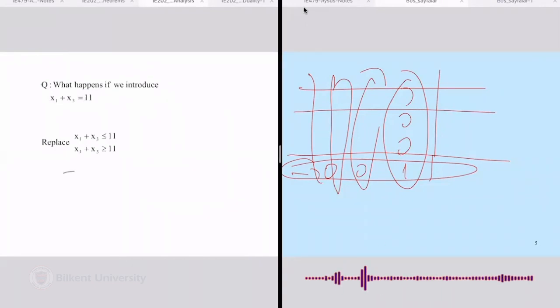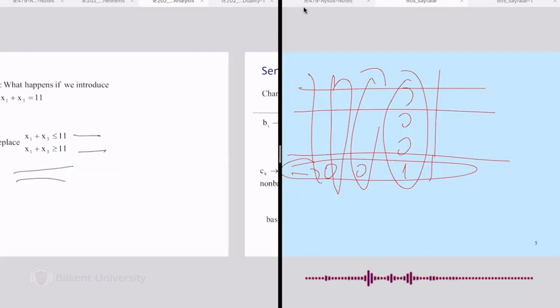What we suggest here is replace that equality with less than or equal to and greater than or equal to, and add them to your table. So that means we have two additional constraints, one with a slack, the other one with an excess, but it's negative right-hand side. Apply dual simplex. I know how to deal with those and go with it.